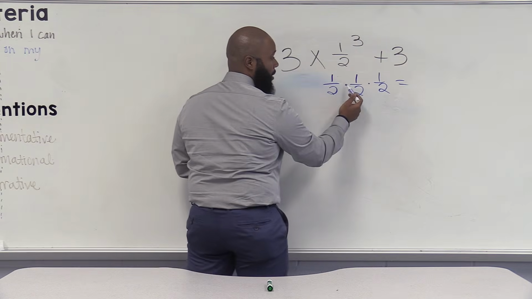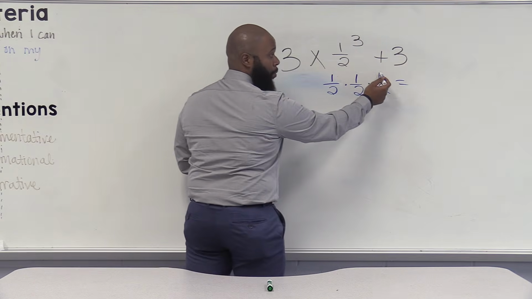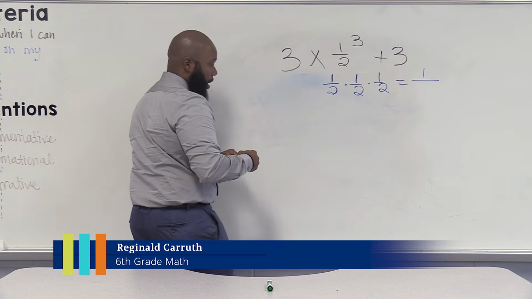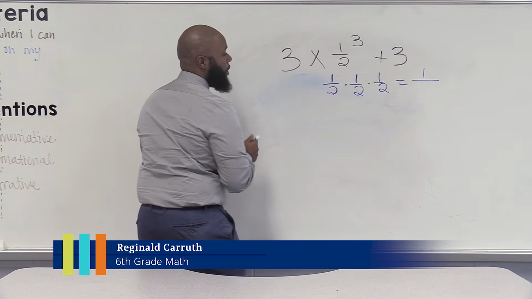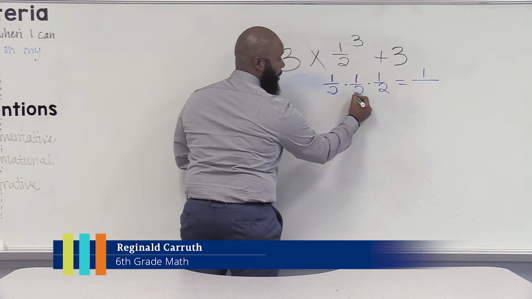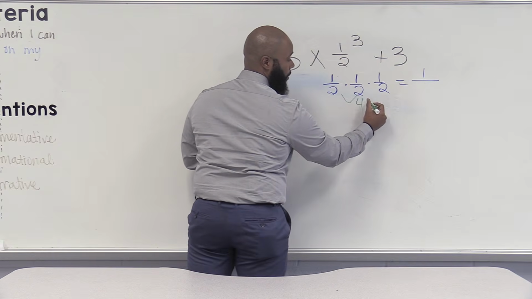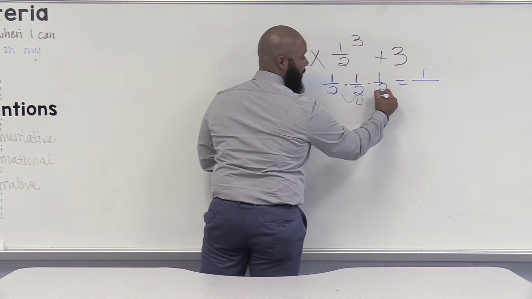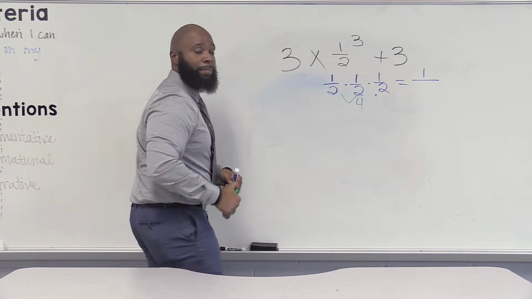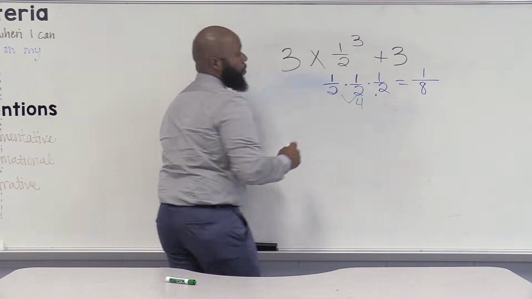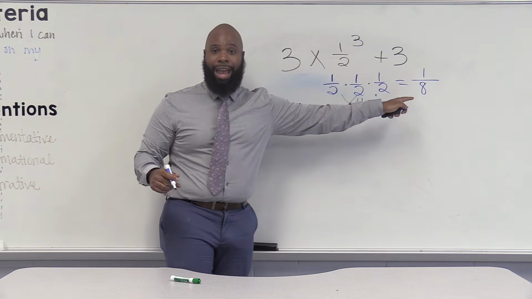So 1 times 1 times 1 is going to give me 1 as a numerator. I also know 2 times 2 is going to give me 4, times 2 is going to give me 8. So 8 should be my denominator. So 1/2 cubed is 1/8.